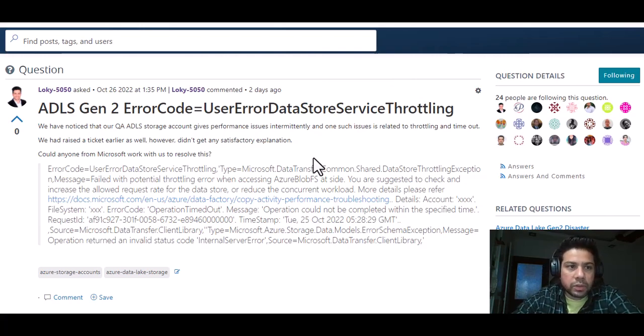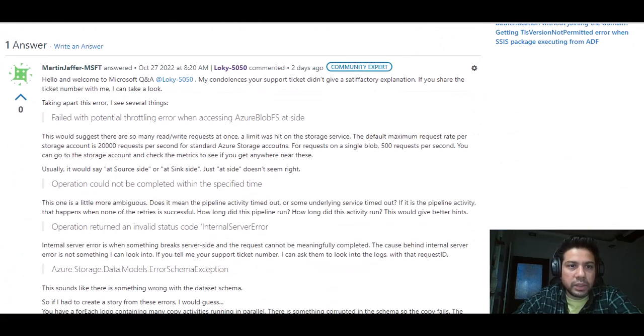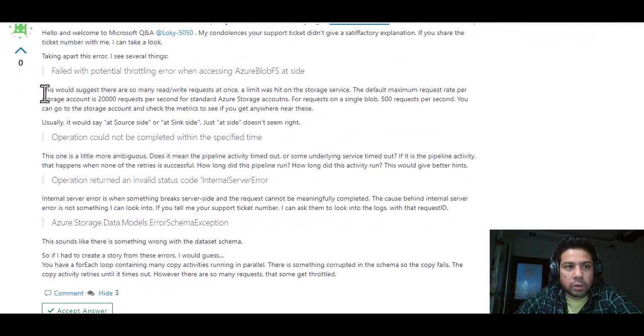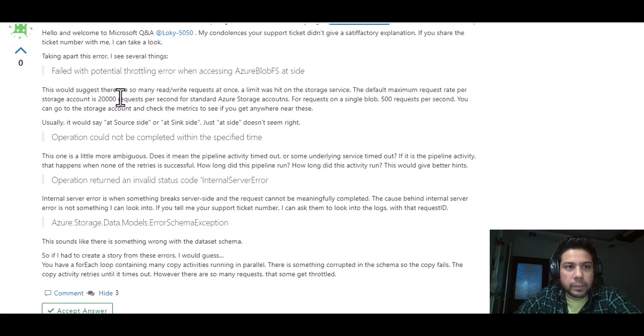So let's look at one of the answers that we received. I'm not going to go into each line that has been written here, but a few observations that we can draw from here: you can read that the default maximum request per storage account is 20,000, and on a single blob it is 5,000.